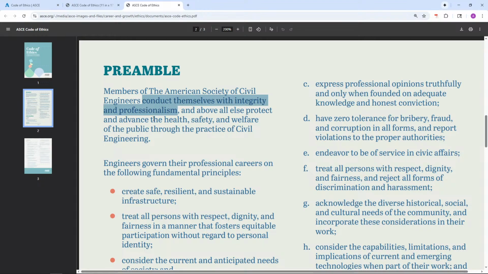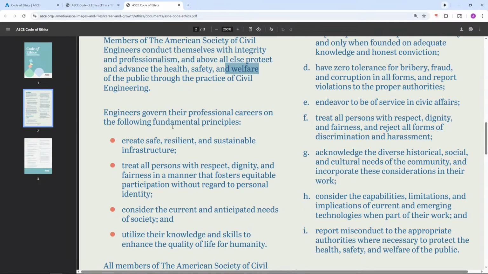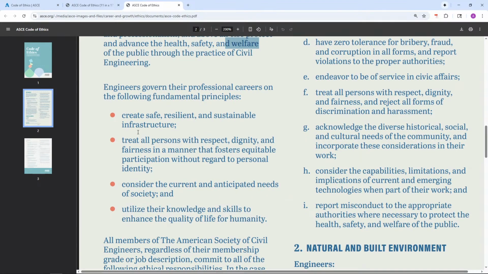Welfare, according to the Britannica Encyclopedia definition, would include, for example, the optimal conservation of natural resources. That is part of welfare, health, and safety. So you see here, engineers govern their professional career on the following fundamental principle: create safe, resilient, and sustainable infrastructure.